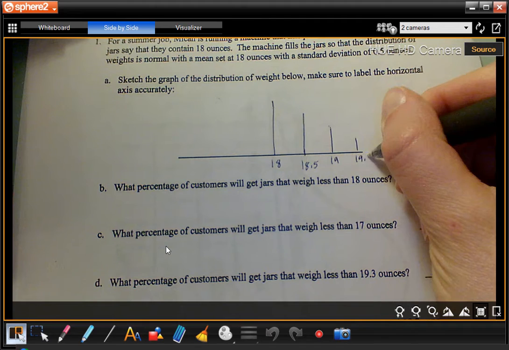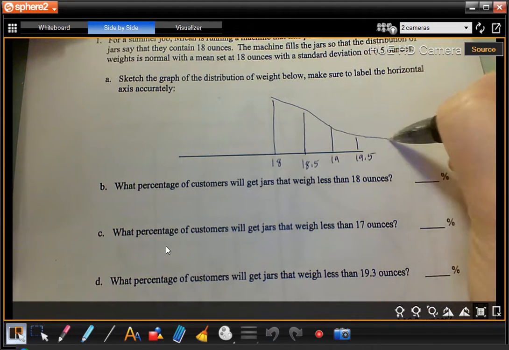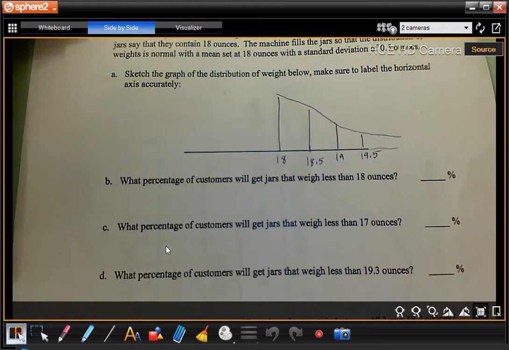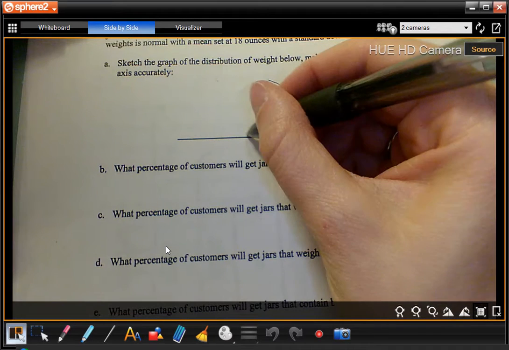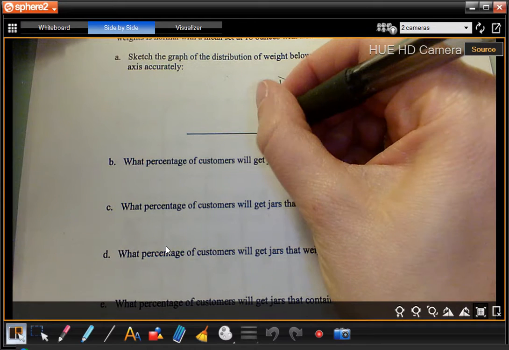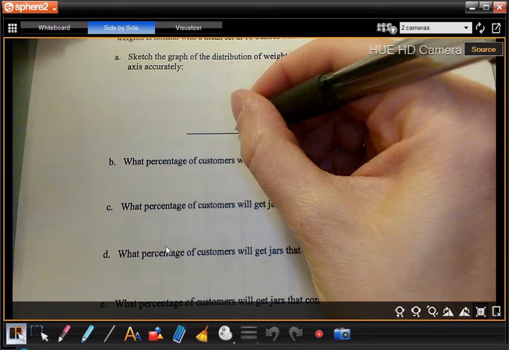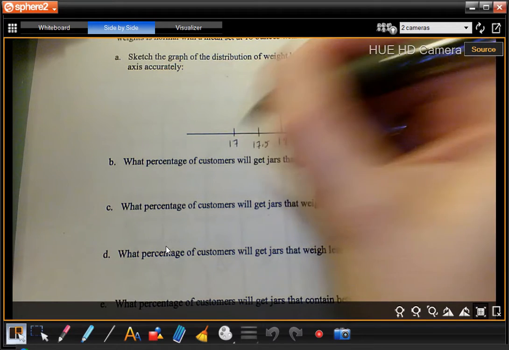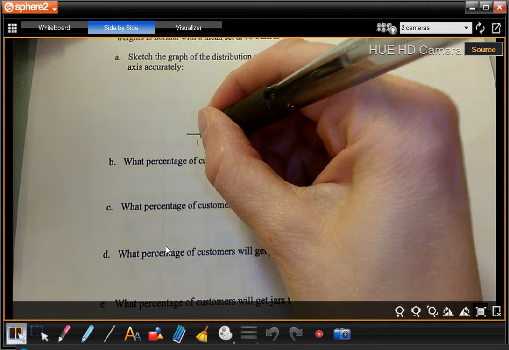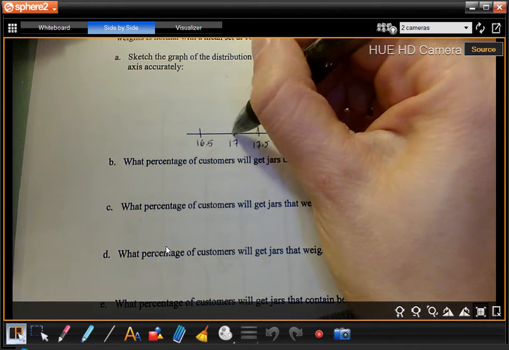And we're going to stop at 3 standard deviations away. So we're going down right here. Okay. Then we're going to go in the other direction, and we're going to go 3 standard deviations below. So we've got 17.5 is our first one, 17, and 16.5. Okay. So it's just going down.